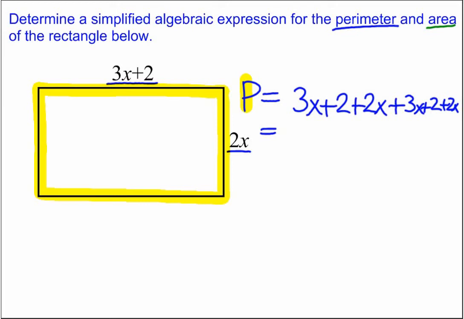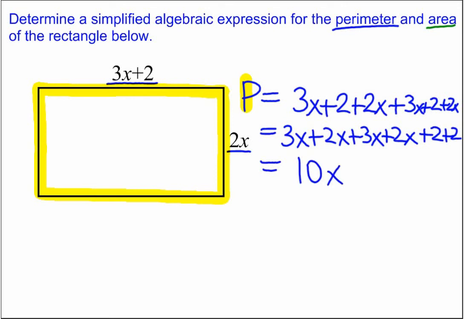If we just reorganize, we end up with 3x plus 2x plus 3x plus 2x, and then plus 2 plus 2. Simplifying now, 3x plus 2x plus 3x plus 2x, that's 10x. 2 plus 2 is 4. There's the simplified algebraic expression to represent the perimeter of this rectangle.